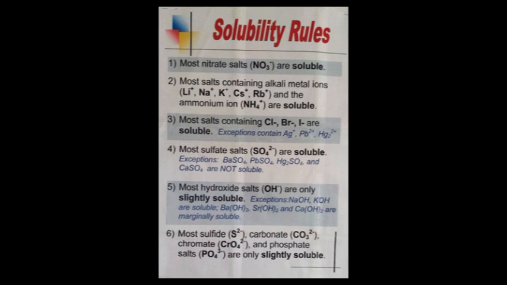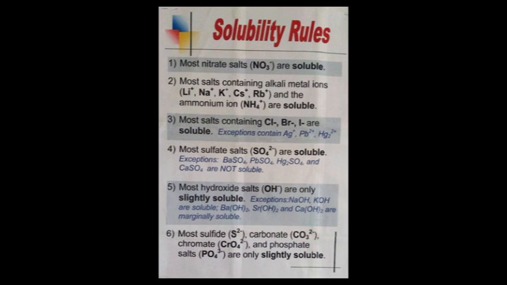If you have compounds containing chlorine, bromine, or iodine, they're generally soluble also. There are a few exceptions, though. So if you have chlorine, bromine, or iodine attached to silver, mercury, or lead, then those are exceptions, and those will typically form solids or precipitates.